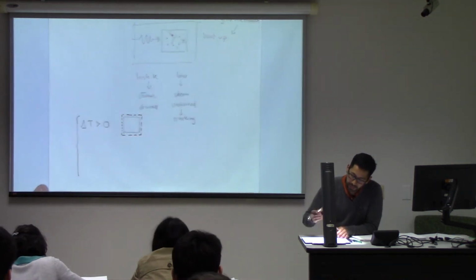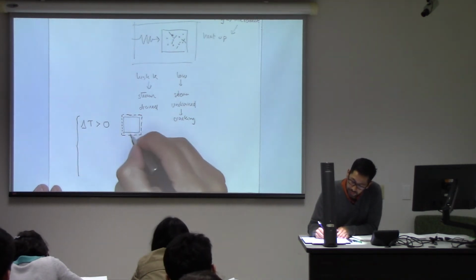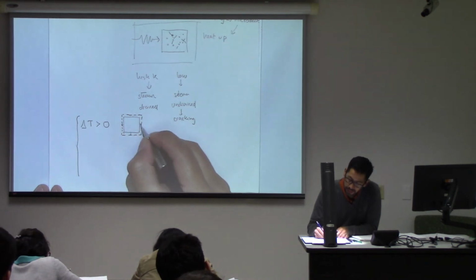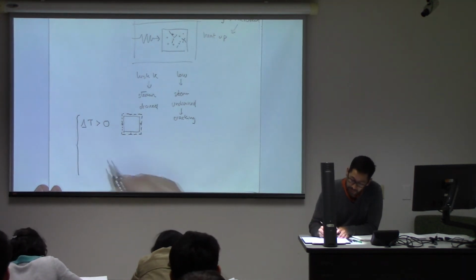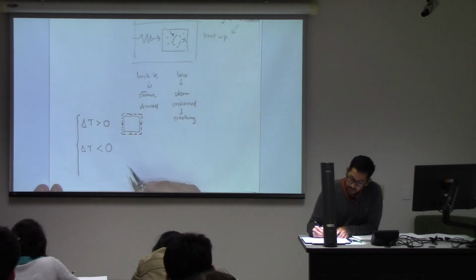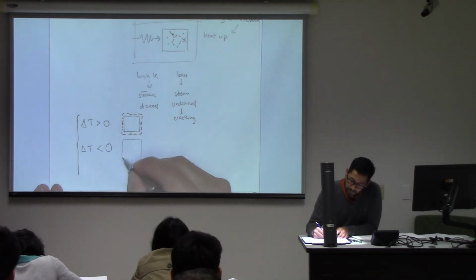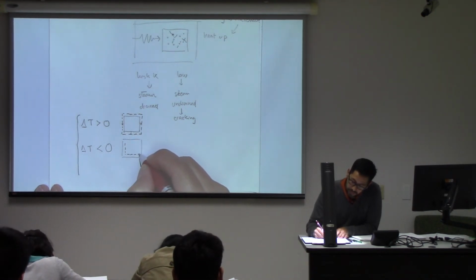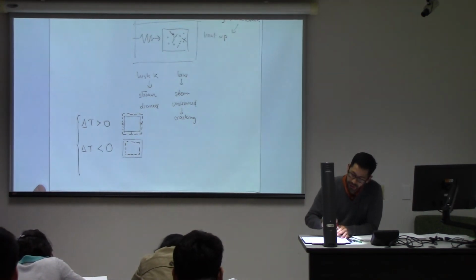It's going to expand. And we're going to assume that this is an isotropic solid, and you're going to see in a bit why this is an important assumption. If we cool down the same solid, that's going to shrink, okay?